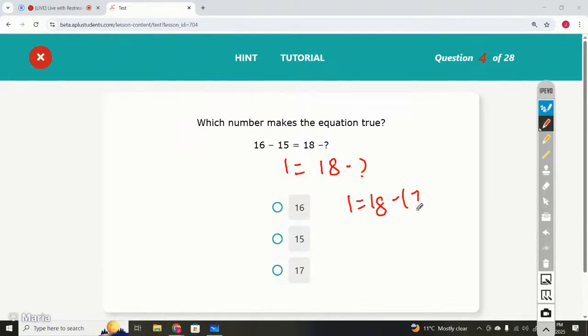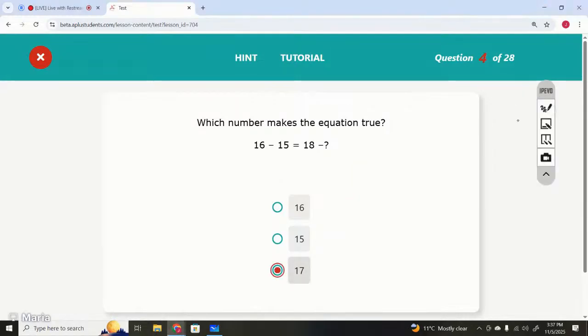That is 18 minus 17, the number that keeps the equation balanced. So the correct option is 17.